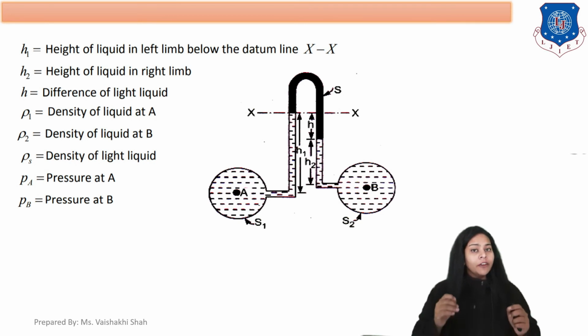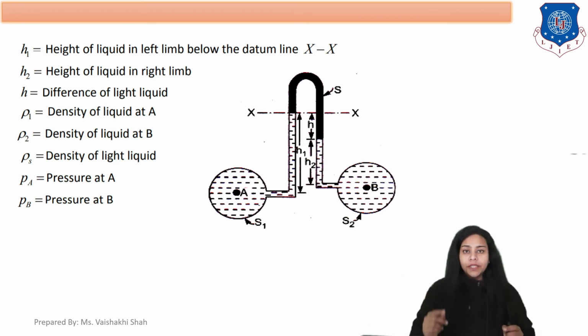Remember this: for the inverted U-tube manometer, we take a lighter liquid, a liquid which is lighter in weight than water, as the manometric fluid. Examples are oil and kerosene. The specific gravity of oil is 0.8, the specific gravity of kerosene is 0.74, and the specific gravity of water is 1. So here we are taking a liquid lighter than water as the manometric fluid.